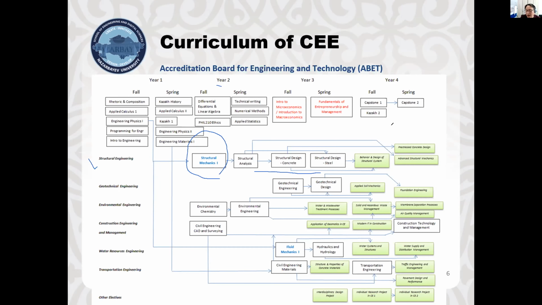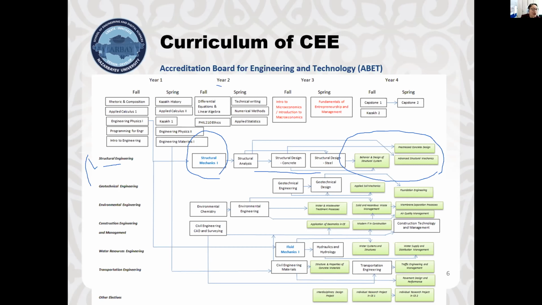After that, if you want to study more deeply, you can choose more specific courses related to structural engineering. If you follow this, you can achieve at least two expertise areas in the civil engineering program. That is how all our faculty members designed these programs.